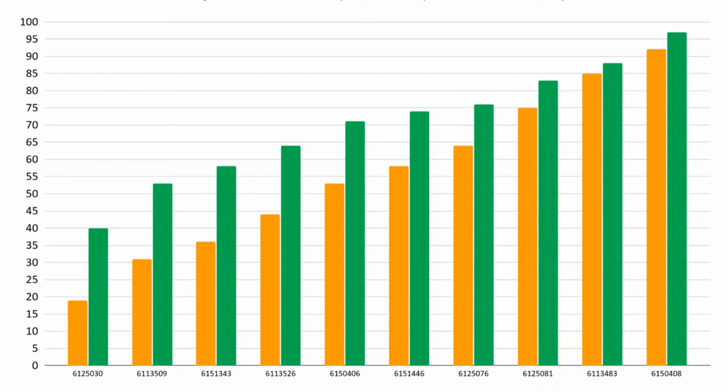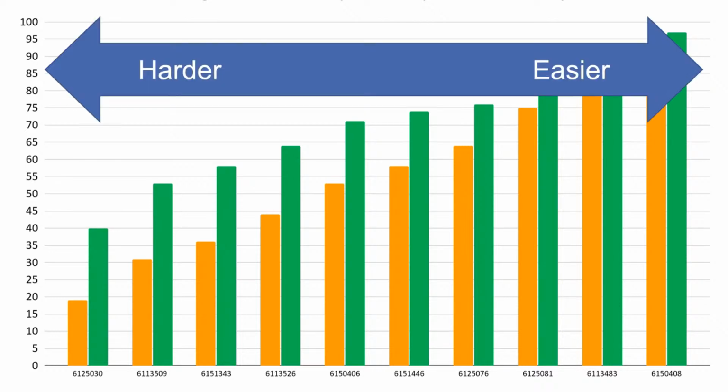The reason for this is really quite simple. On the left, we have the harder questions, and on the right, we have the easier questions. So the easier the questions are, the narrower the difference gets. That's just to be expected.